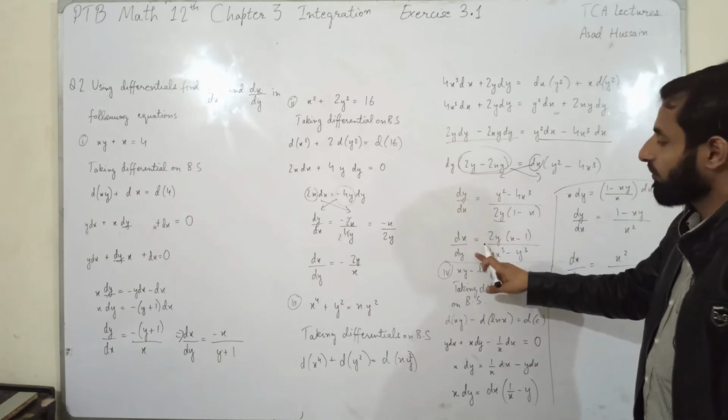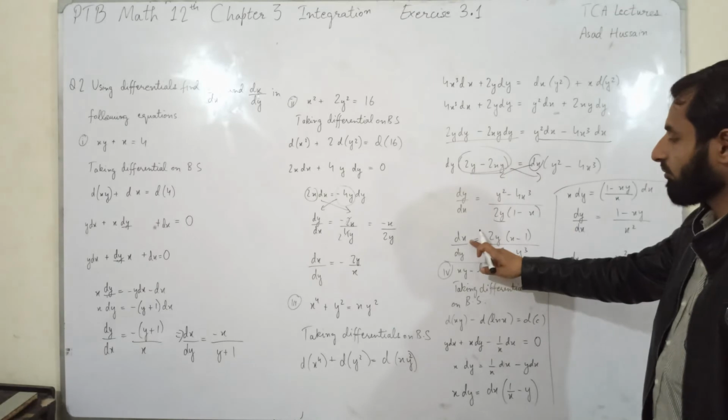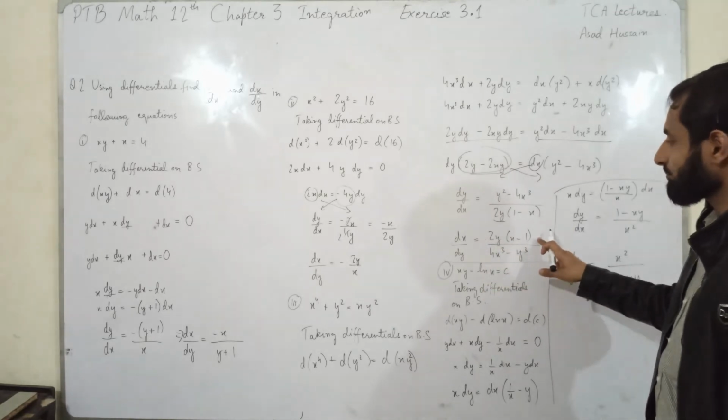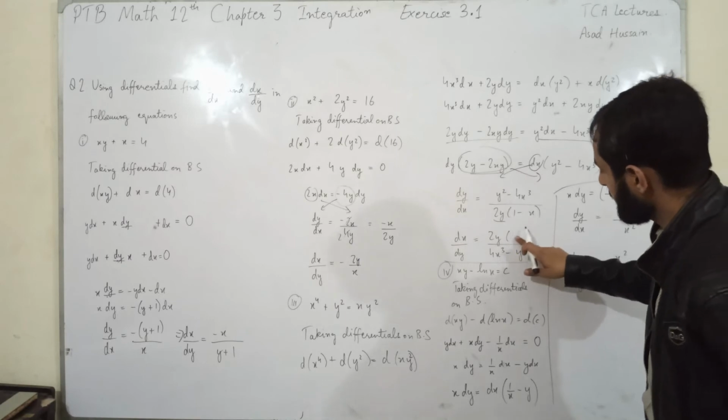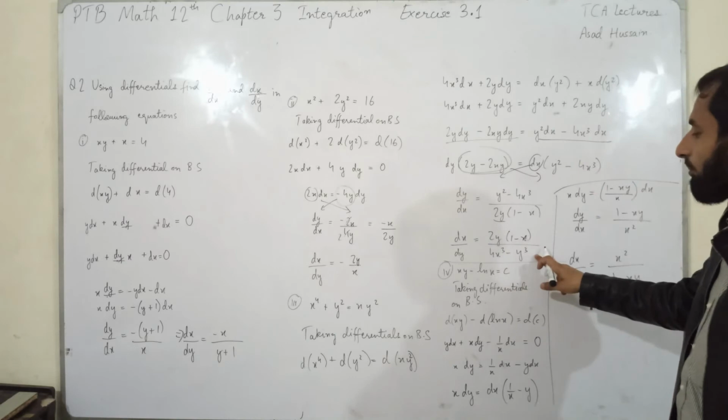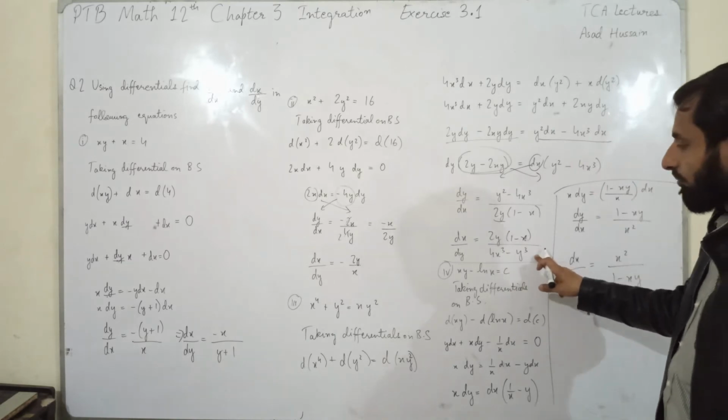For dx over dy we will reciprocate the fraction, we get dx over dy is equal to 2y into 1 minus x over y square minus 4x cube, that is 2y into x minus 1 over 4x cube minus y square.